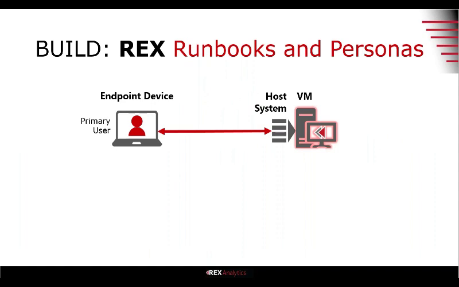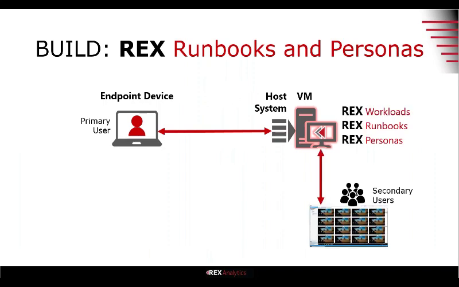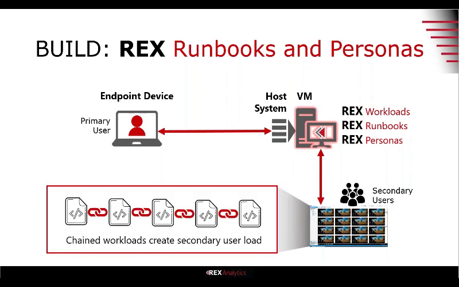Now, if we take those workloads and we stitch them together, we can add something that we call runbooks and personas. They are designed for secondary users. The secondary users are the noisy neighbors generating, well, background load. So we use chained workloads that create the secondary user load.